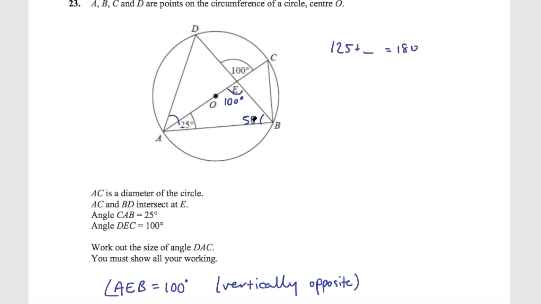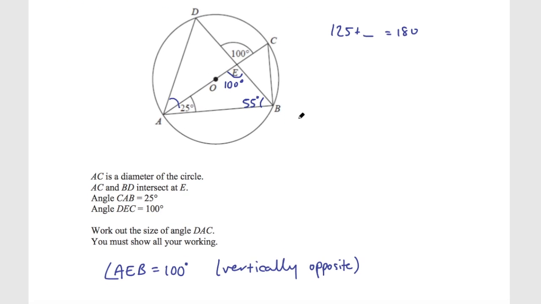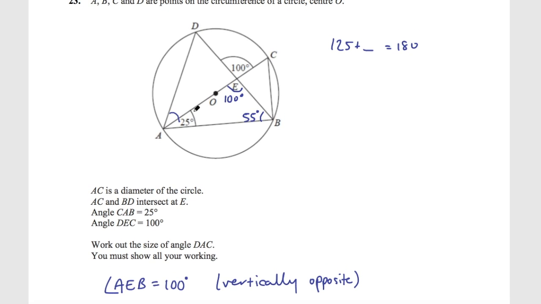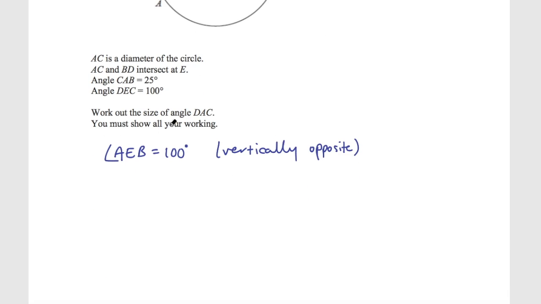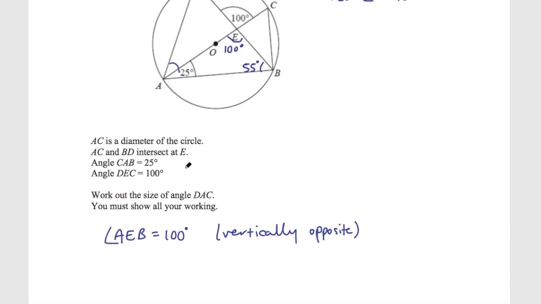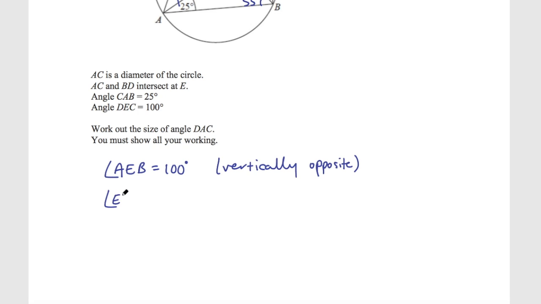That must be 55. Okay, so I've worked out some more angles, and so let's go ahead and write that down. So angle EBA equals 55 degrees. Angles in a triangle.